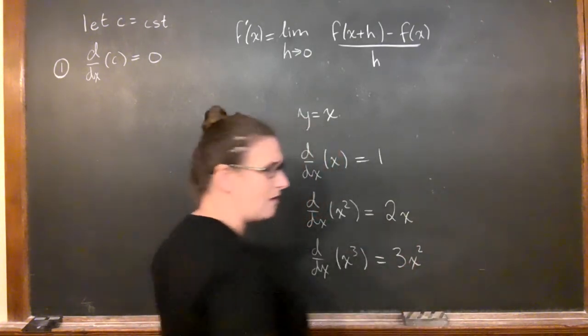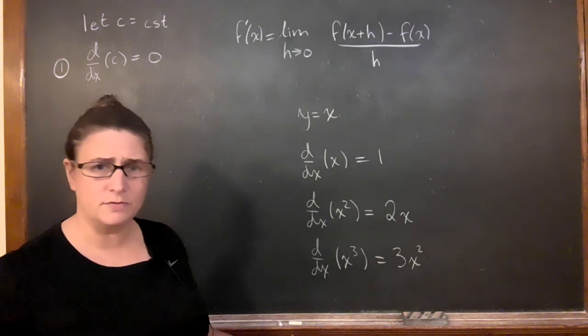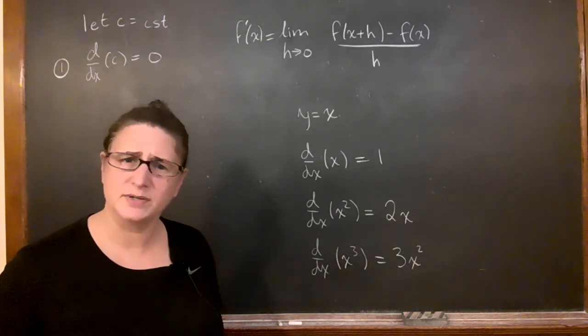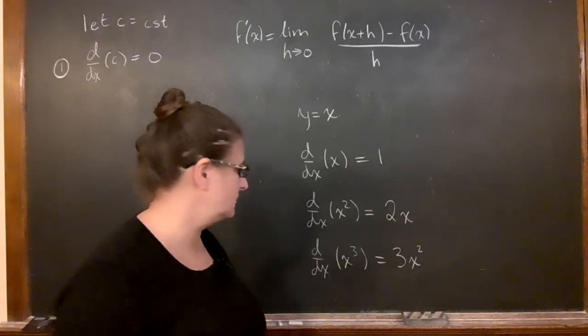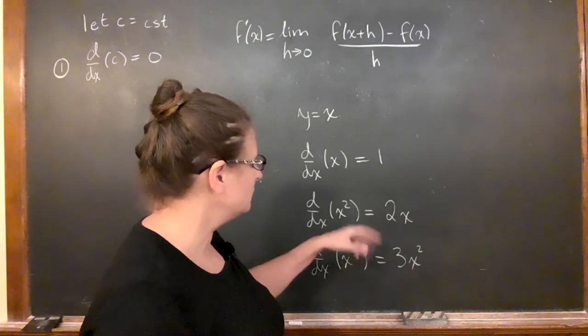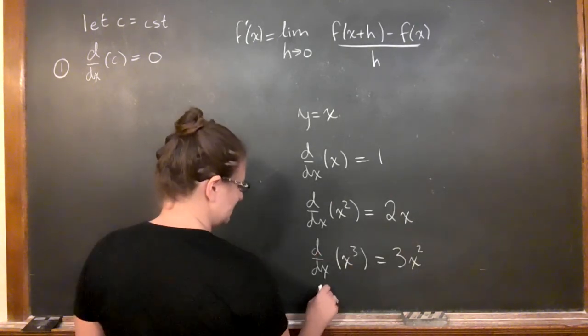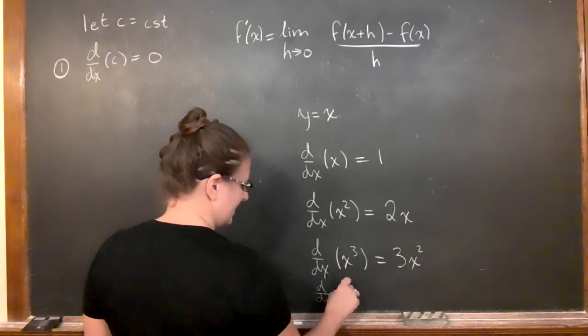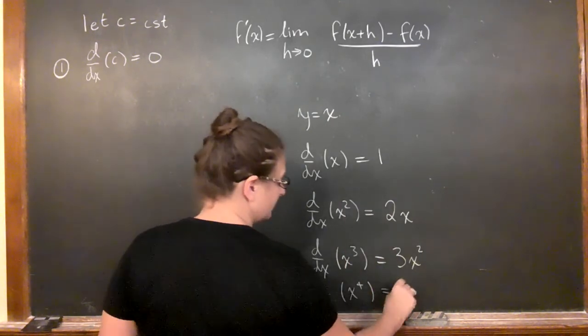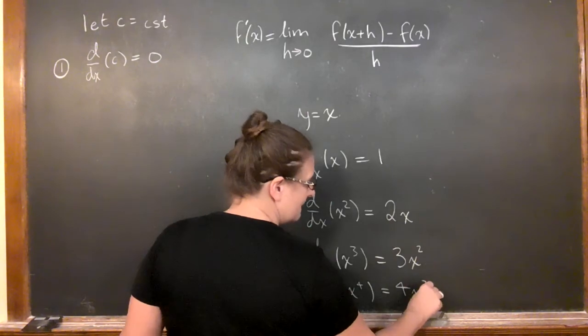Not all of you did all of these problems. A number of you, though, did do this one on, I think, worksheet 4. There was some problem with the cube. So essentially, we're taking the derivative of x cubed. And if you do this a couple more times, and you can check in your book, they do, I think, explicitly x to the 4th. With the difference quotient, you'll get 4x cubed.